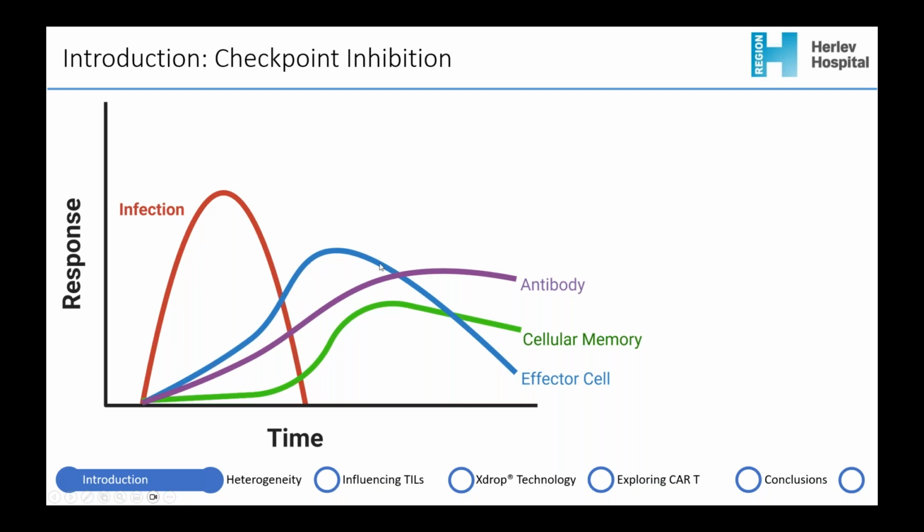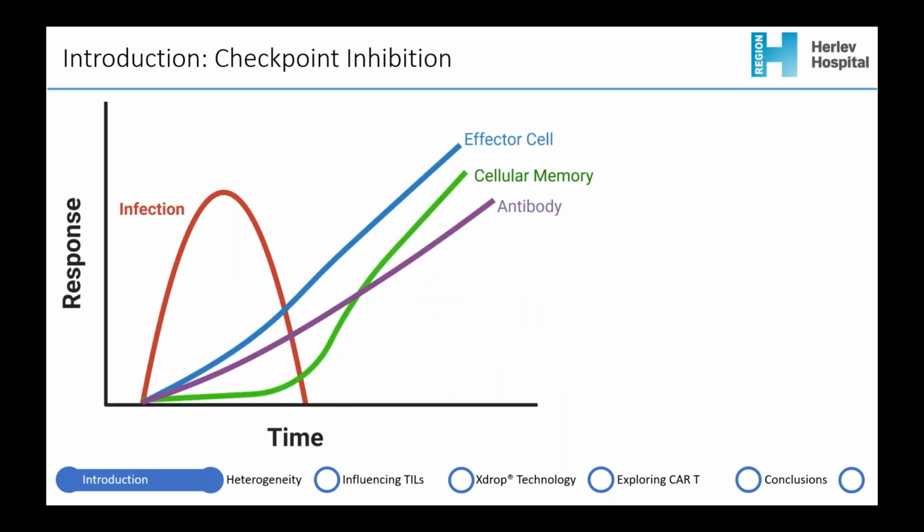And very importantly, it wanes. It goes away after time, but it leaves behind some memory, just in case of reinfection. This is exactly what we want. What we would not want would be an immune response that just continuously progresses unrestrained and causes constant inflammation and an everlasting response.